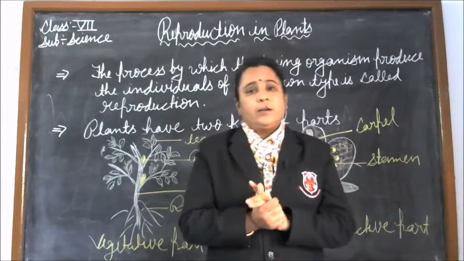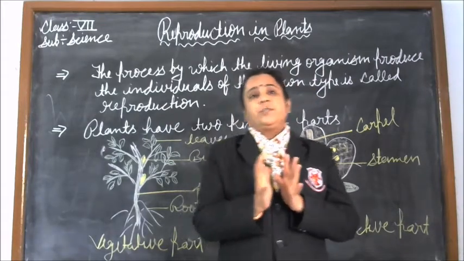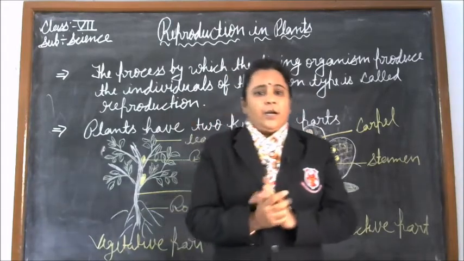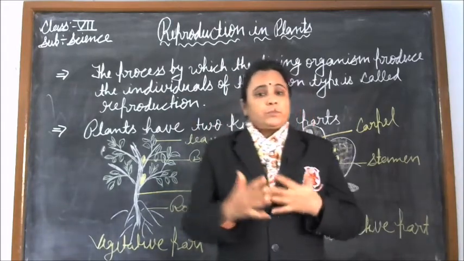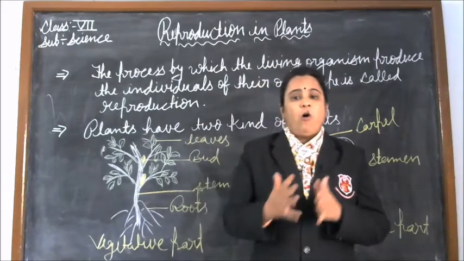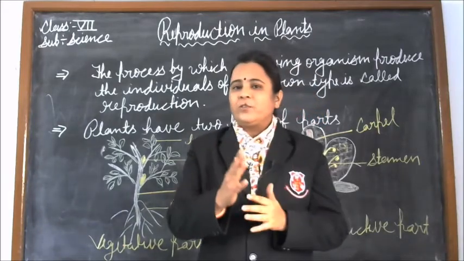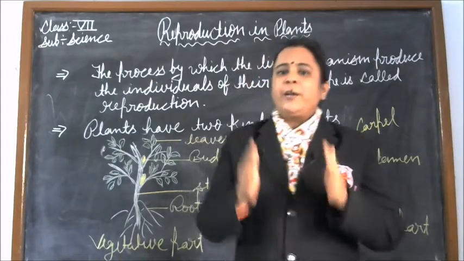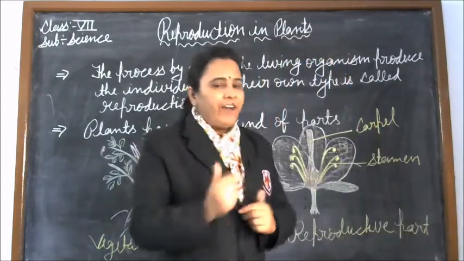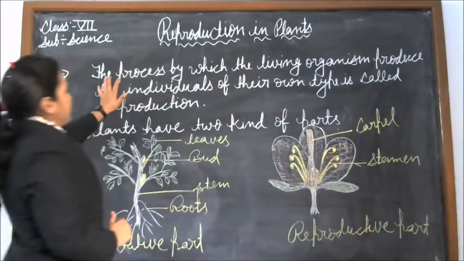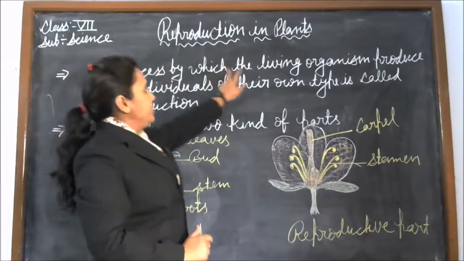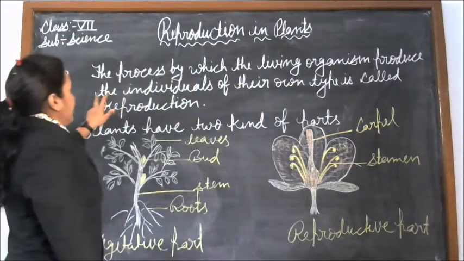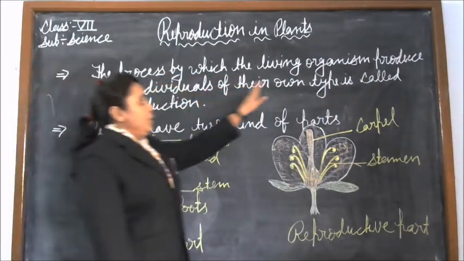This life process is not necessary to stay alive on the earth, but it plays a very important role and is necessary to ensure continuity of life on the earth, and this life process is reproduction. We can define reproduction as the process by which living organisms produce individuals of their own type.